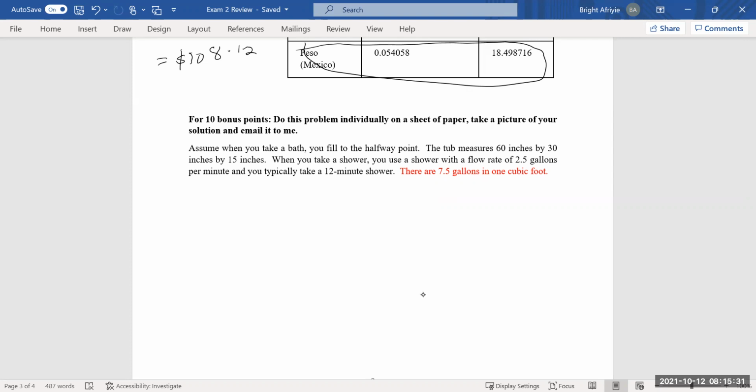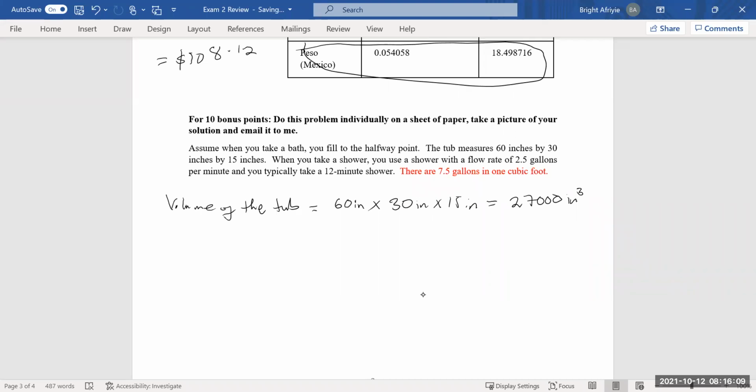So the first thing we need to do is find the volume of the bathtub. That is 60 inches by 30 inches multiplied by 15 inches, and that will give you 27,000. Because we are doing inch by inch by inch, that will give you cubic inches. So that's the tub volume.